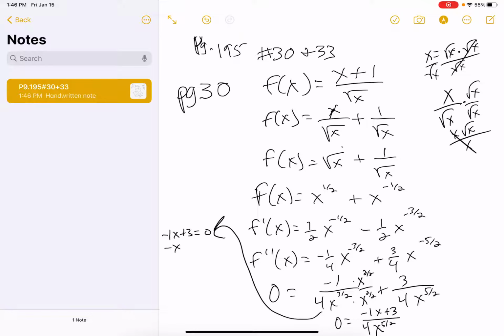So the top is going to equal 0 when x is 3. And then also on my sign analysis chart, I need the undefined values. So that's where the denominator is going to equal 0. So that denominator is going to equal 0 at 0. So the two values on my sign analysis chart are 0 and 3.